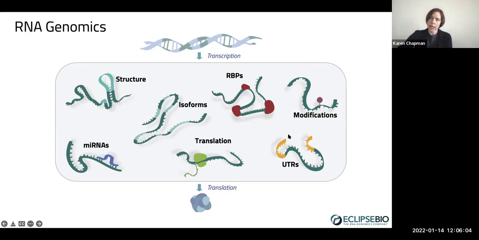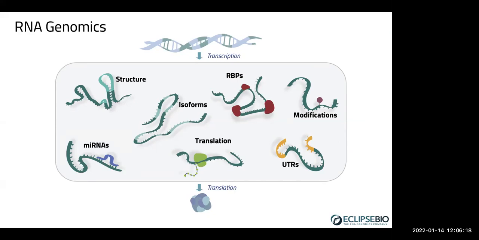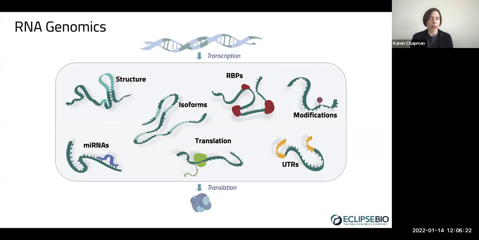And down here in the right-hand corner, UTRs. These are the untranslated regions at the ends of the RNA, so the 5' UTR and the 3' UTR. And as you're probably aware, the transcription start site can be a point of regulation.